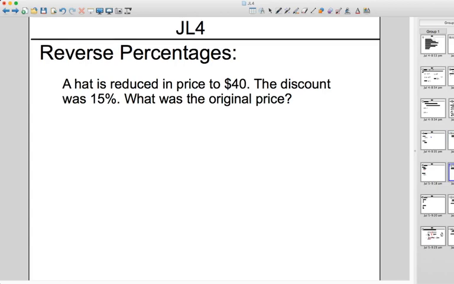Here's another example. Again, pause the video if you'd like to have a go. But I'm pretty sure you should be able to do it now. I've shown you one example. A hat is reduced in price to $40. The discount was 15%. What was the original price? Okay, so 100% is the original.